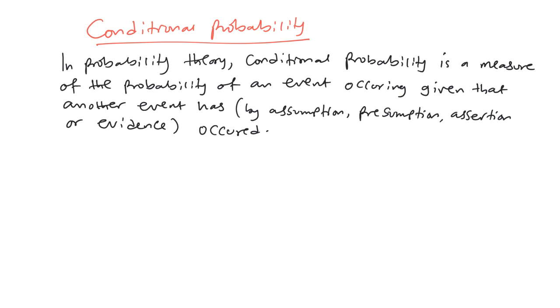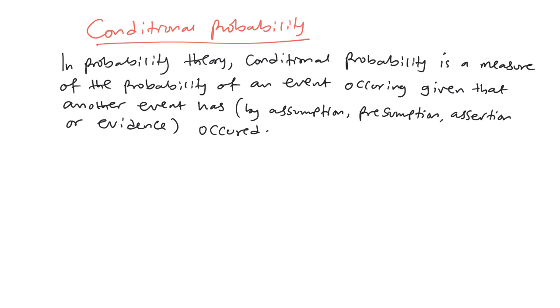For example, if there are 10 people contesting in a beauty contest, and the 10th person is eliminated, it somehow affects the chance of the first person winning the contest, and in this case it increases because the occurrence of one event influences another event. Such a situation is what we call a conditional probability situation.